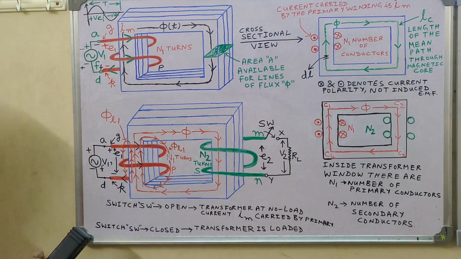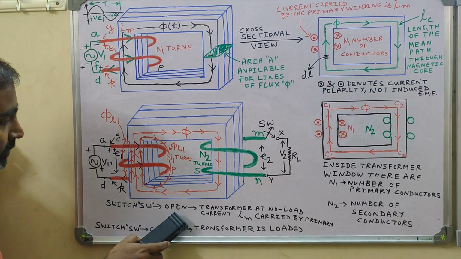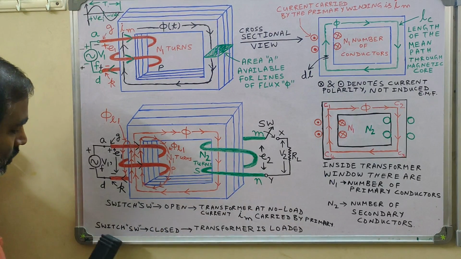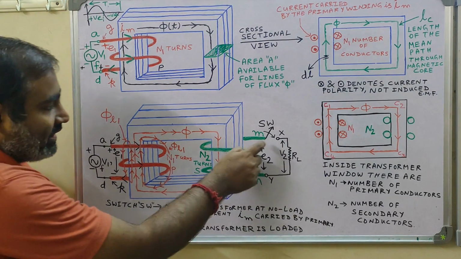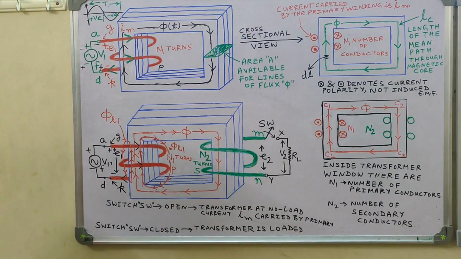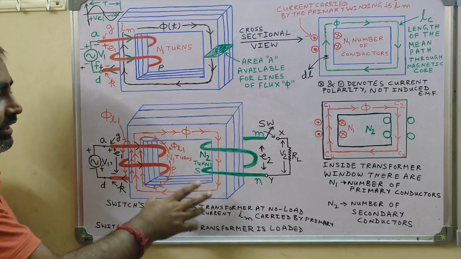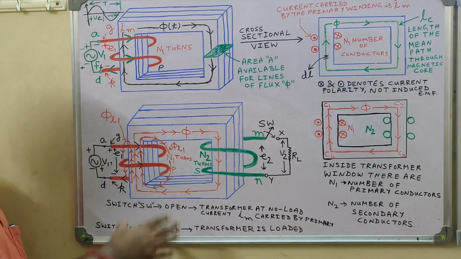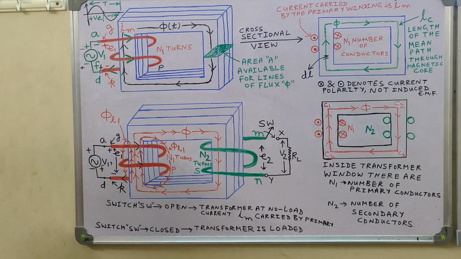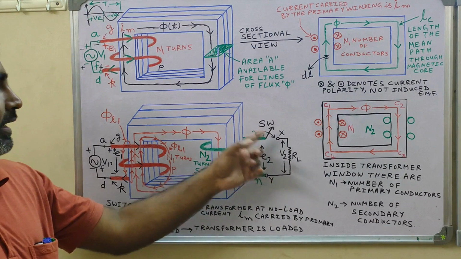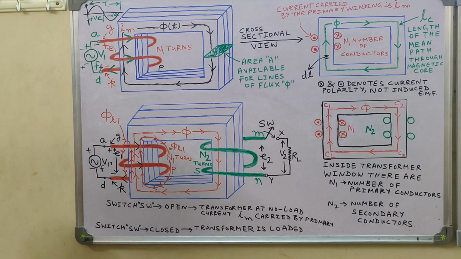So that's what I have written over here. Switch SW open means transformer at no load. Switch SW closed means transformer is loaded. So this switch SW will simply determine whether the transformer is operating at load or at no load. If it is operating at no load, then switch SW is open, and if it is loaded, then switch SW is closed.